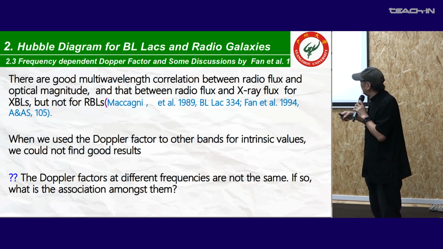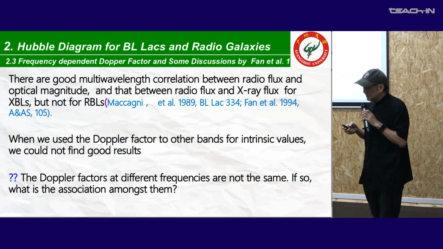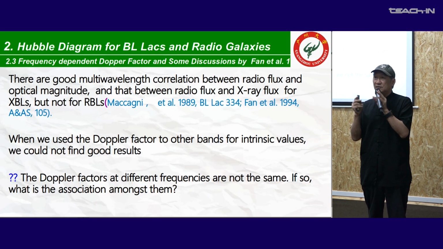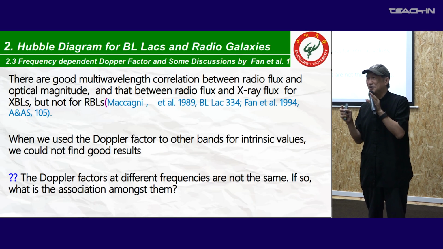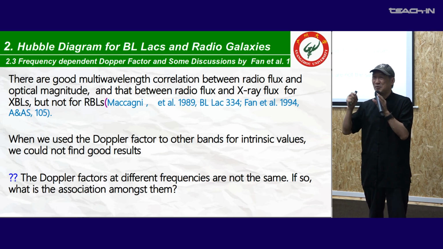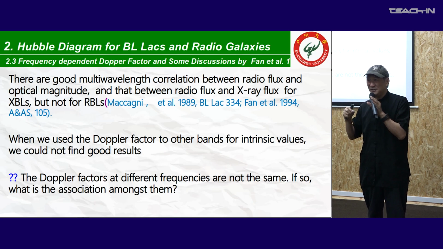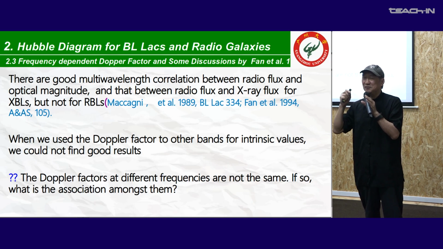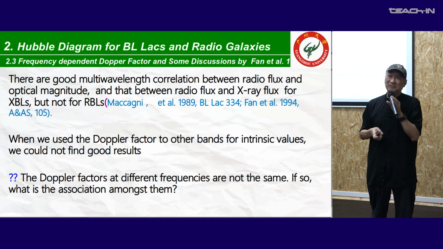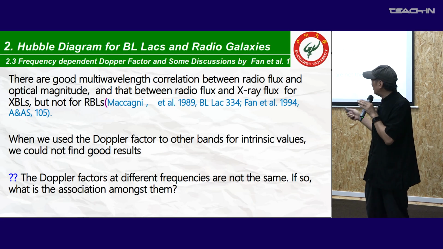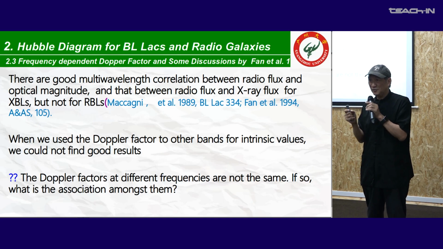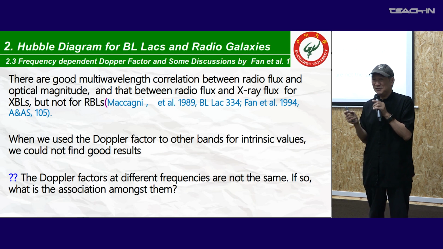When we found that for XBL the different wavebands have good correlations, we also hoped RBL would have the same correlations if we have the Doppler factor to get the intrinsic flux density. But if we use the Doppler factor we got from the optical observations, we failed.